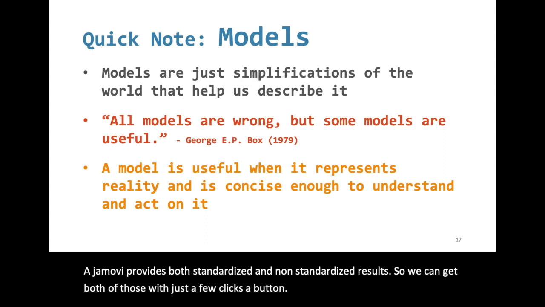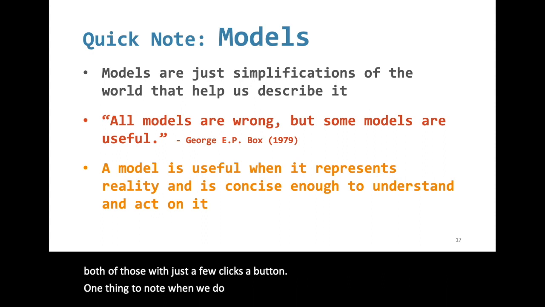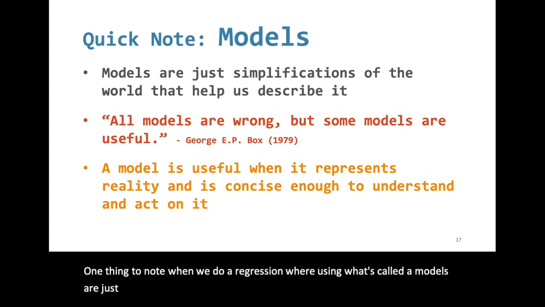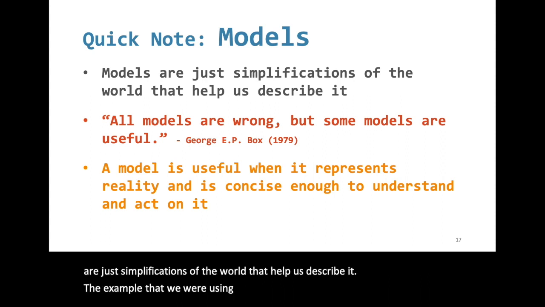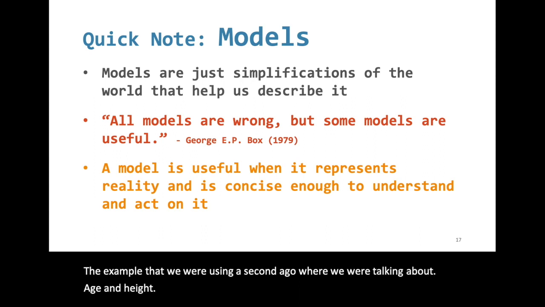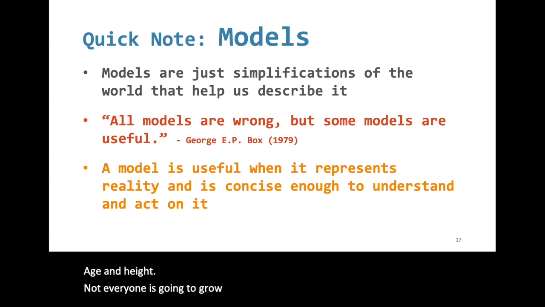One thing to note, when we do a regression, we're using what's called a model. Models are just simplifications of the world that help us describe it. So in the example we were using a second ago, age and height, not everyone is going to grow the same for every increase in age, and that's okay.